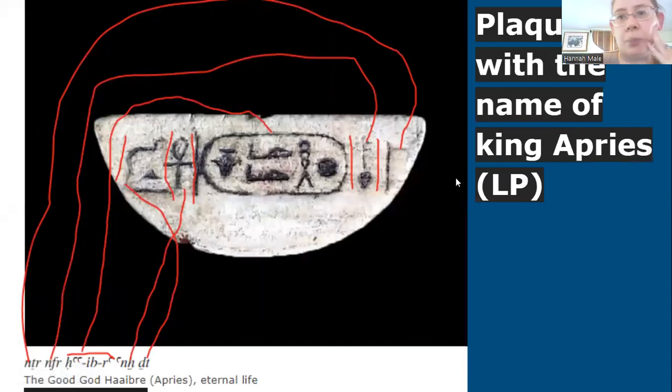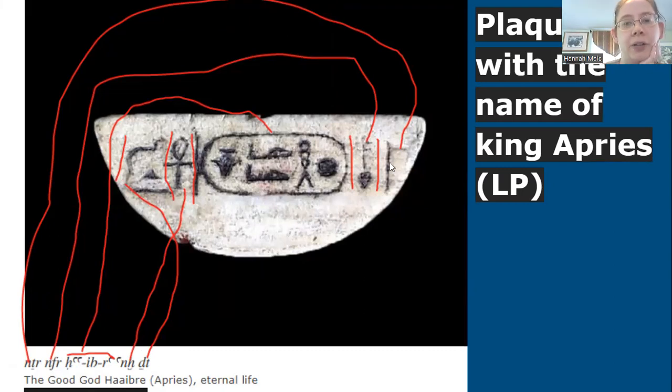This is a plaque with the name of King Pries, also from the late period. And again, you see some common titles and royal forms of address here as well. So first off, to figure out whether you start at the right or the left, you see the animals, they're facing towards the right.